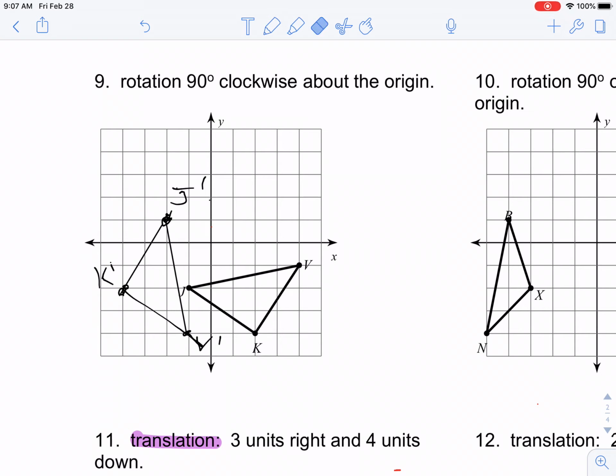So that should look like the exact same shape, but it's turned around the graph. And so just remember that this is clockwise and this is counterclockwise.